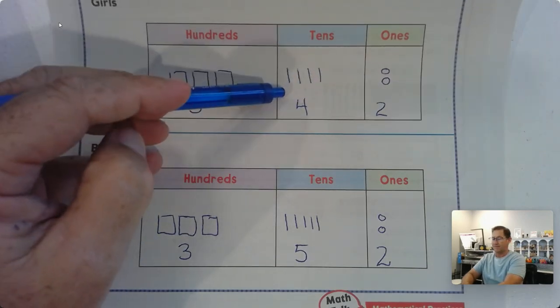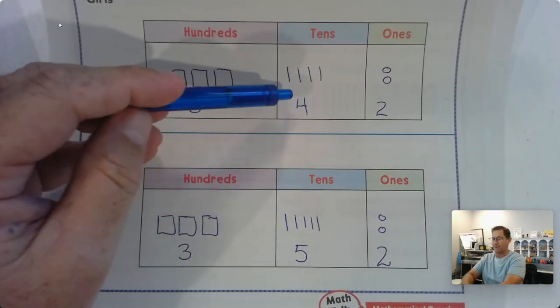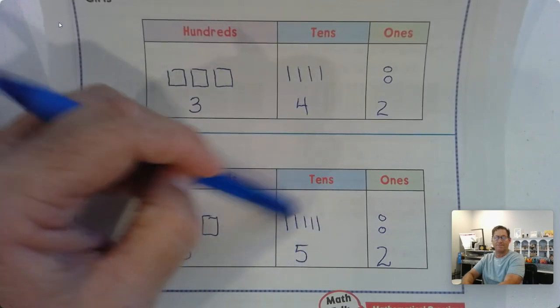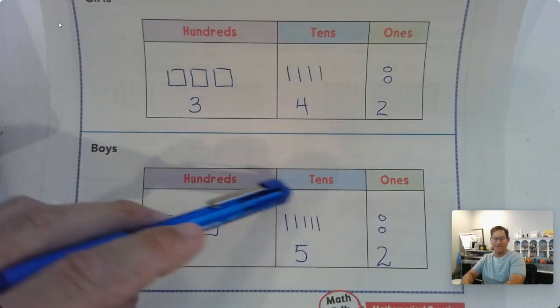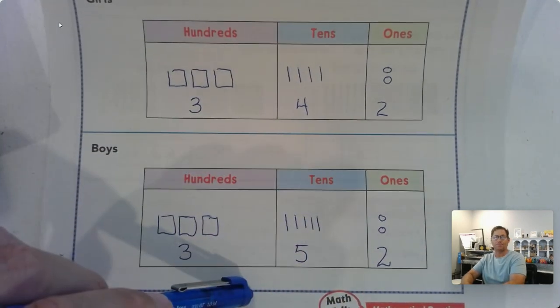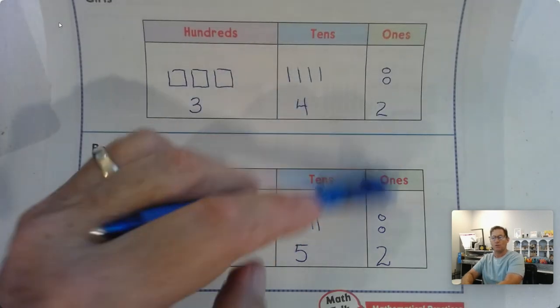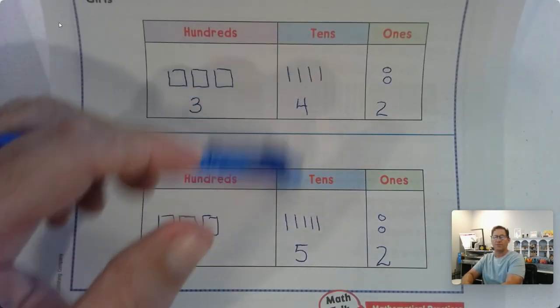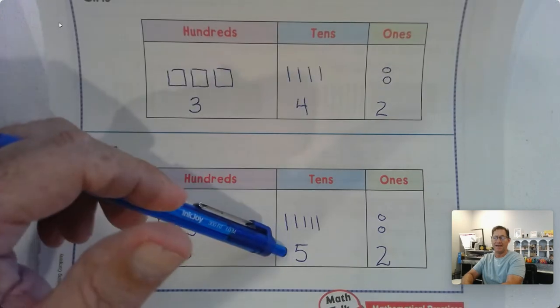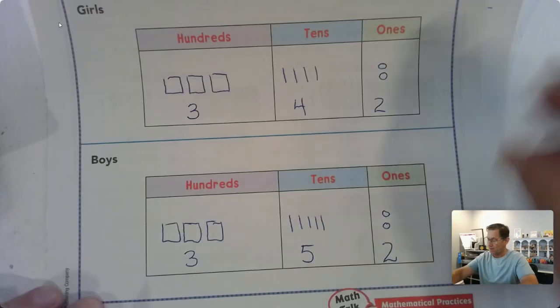We notice that the tens are slightly different, right? Here we have 4 tens, here we have 5 tens. So we would say the boys have one more 10 than the girls. The ones are the same. So the only difference between these two numbers is a value of 10. Okay. All right, let's look at page 90.